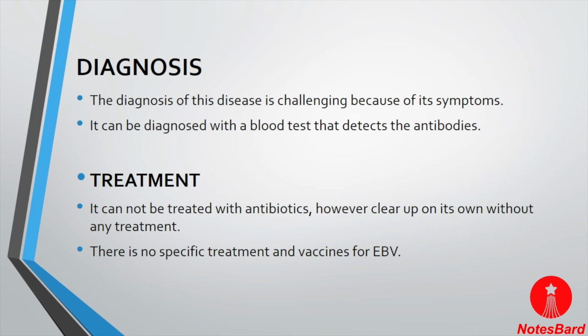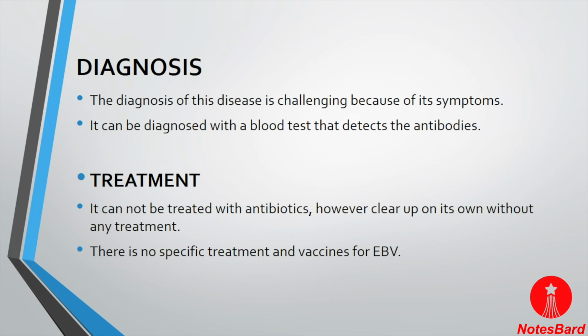So let's understand how the disease can be diagnosed and what the tests for this disease are. As we have seen in the previous slide, the symptoms for this disease are very similar to other types of common cold and flu. So on the basis of symptoms, the diagnosis of the infection is very challenging because the symptoms are very similar to other infections.